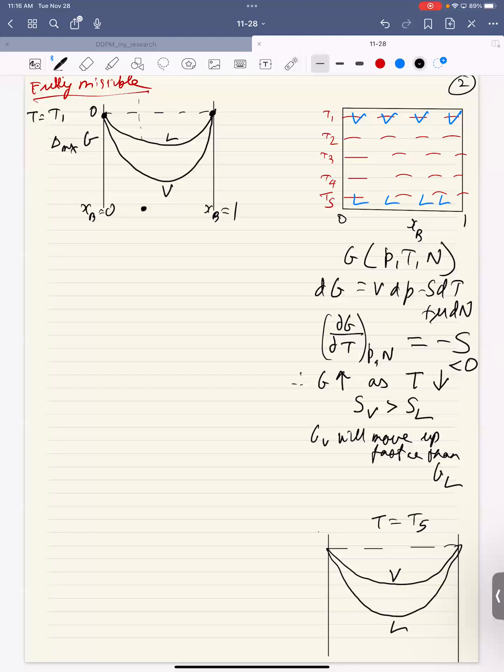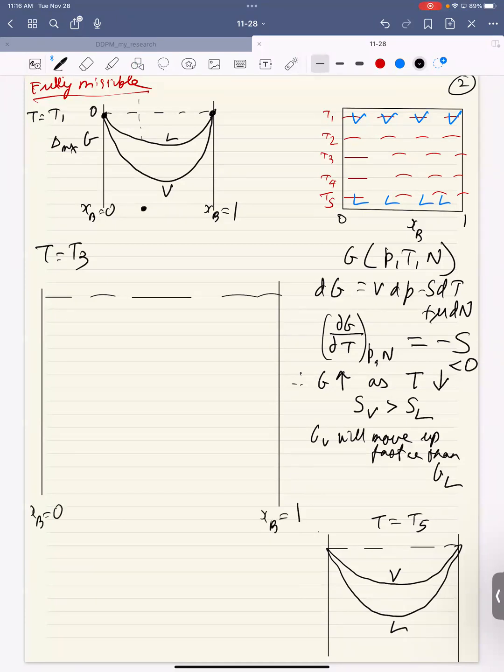Let's just pick T3. T is equal to T3, and let's draw a bigger box here. The axes are the same. XB is equal to 0, XB is equal to 1. So as you decrease the temperature, both of these curves have to move up as T decreases, right?